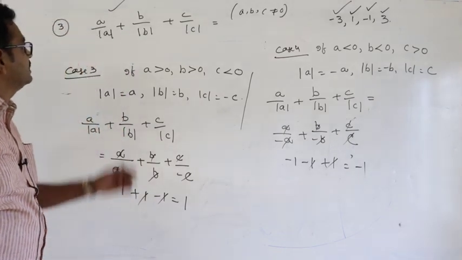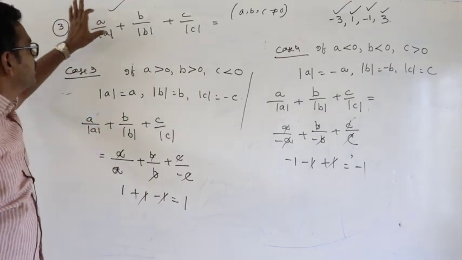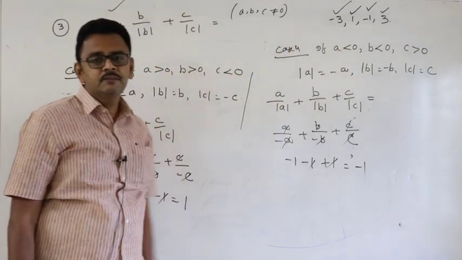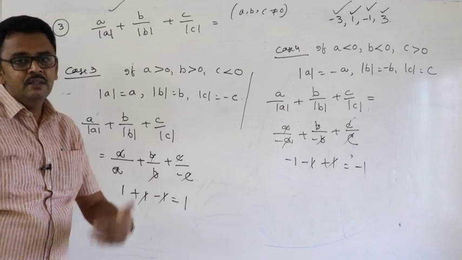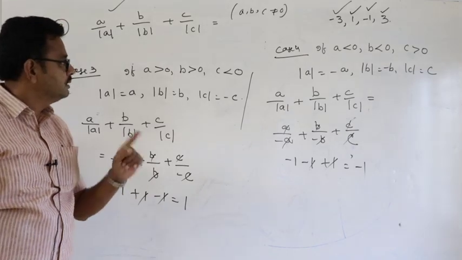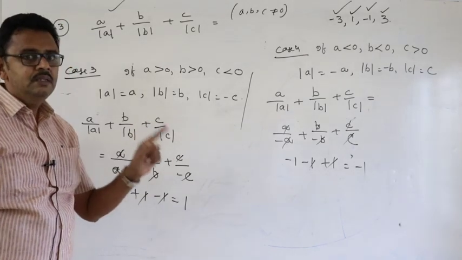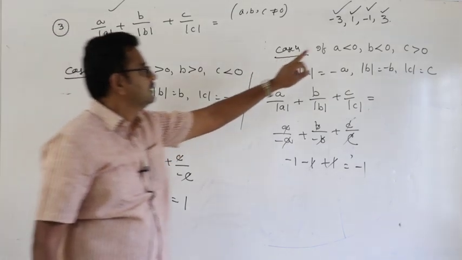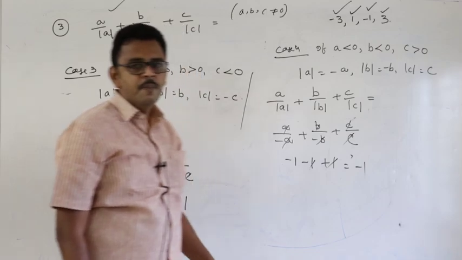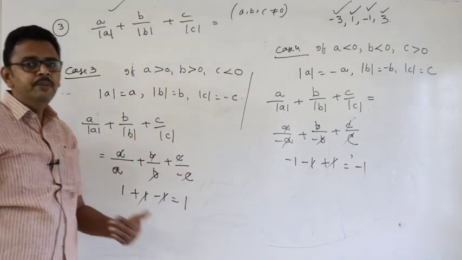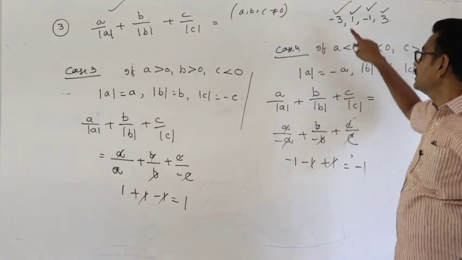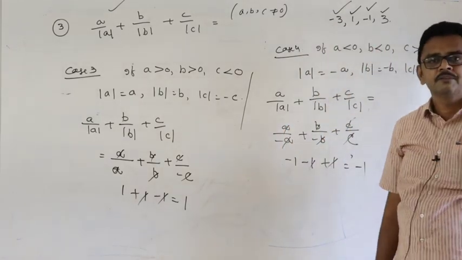If any condition is not given, simply the problem is this. So, these 4 are correct. In particular, if any condition is given, suppose A, B, C are positive, in that case the answer is 3. Suppose A, B, C are negative, in this case the first option is correct.